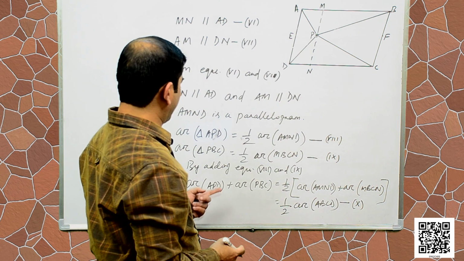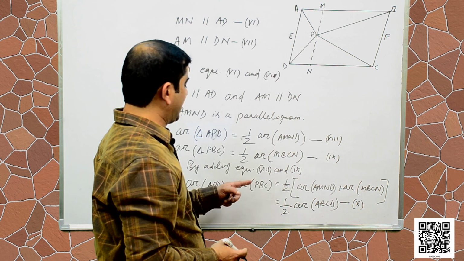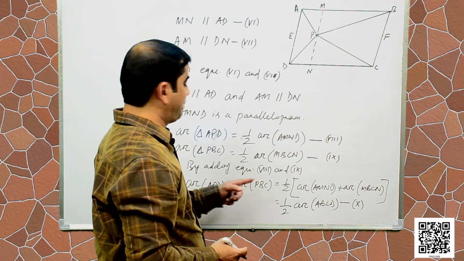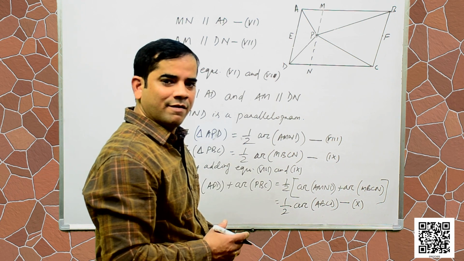So area of triangle APD and area of triangle PBC sum up to give us half of area of parallelogram ABCD. Fine.